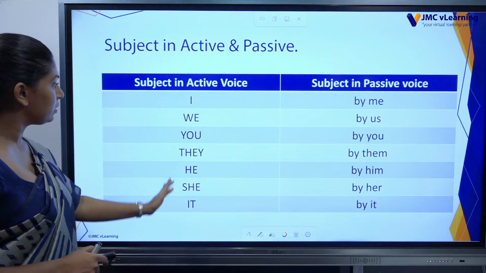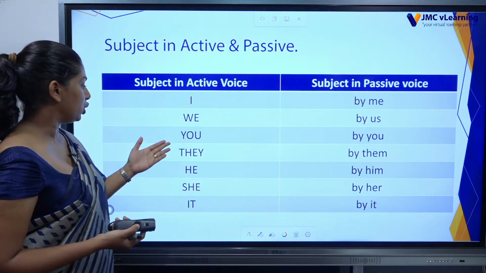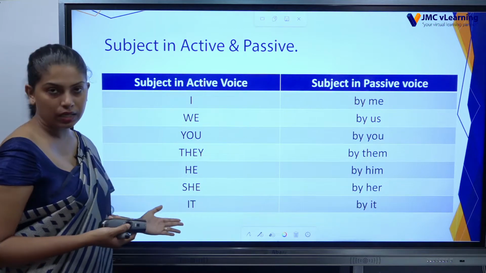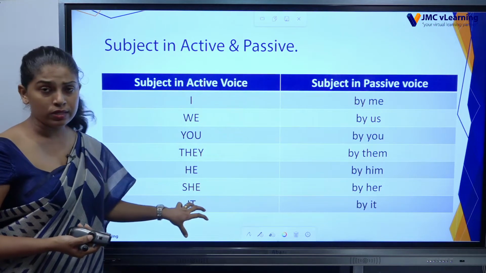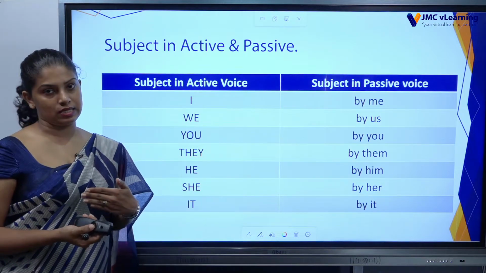We know these are the normal subjects we learn: I, we, you, they, he, she, it. In active voice, we use these subjects when we are starting a sentence.